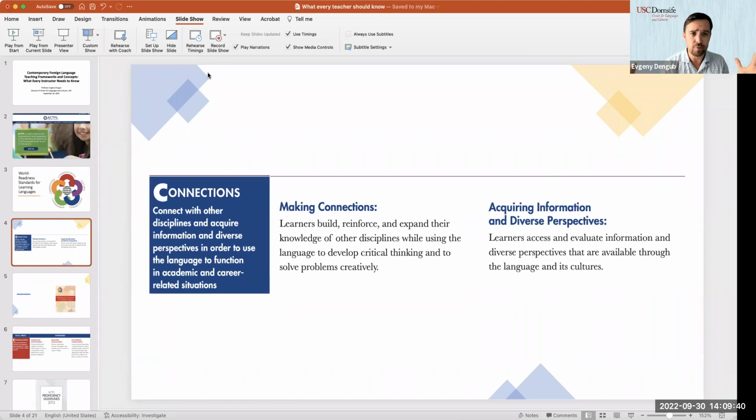This is intentionally broad, intentionally kind of vague, because it's not language specific and not age specific. I should say that I don't know about colleagues who teach other languages, but at least in Russian, I see my K-12 colleagues use those the most.